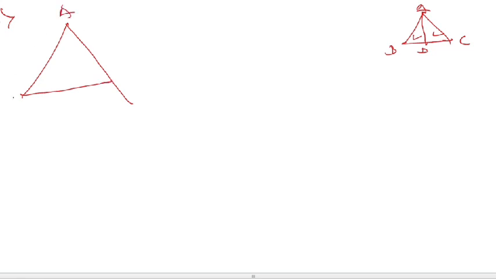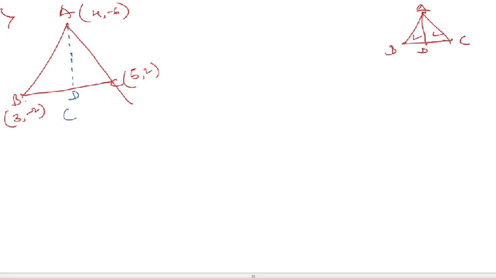Say it is A, B, C. These vertices are given. Vertices of A are 4, -6. Vertices of B are 3, -2, and vertices of C are 5, 2. So I will name the midpoint of BC as D. Here we have to prove area of ABD is equal to area of ACD. So what are the D coordinates here?